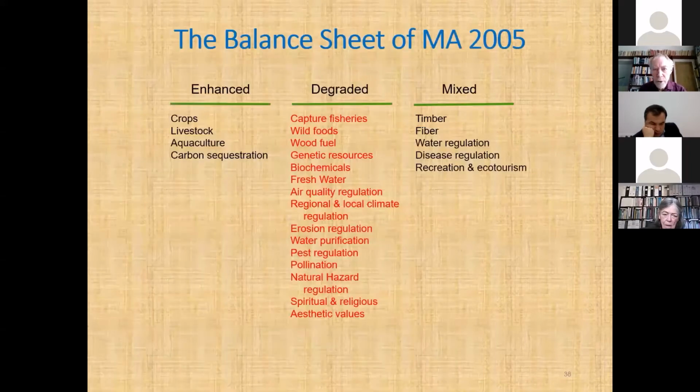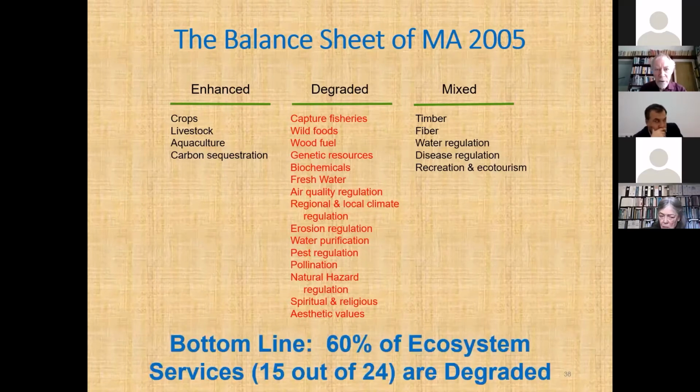They produced a report in 2005 and were able to say that most of the ecosystem services they looked at are actually in a state of degradation. About 60% are in a state of degradation. Some are increasing, for example, crops, livestock, aquaculture, and some are a little less certain, timber, fiber, etc. But most of it is on the list of degradation. So it's serious.